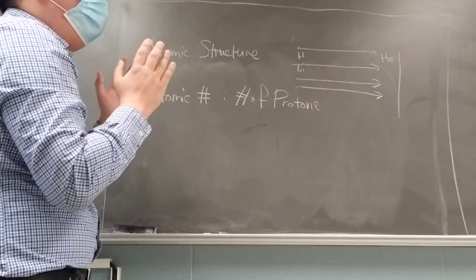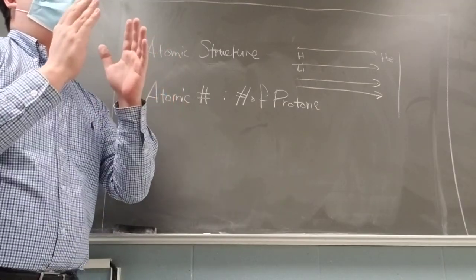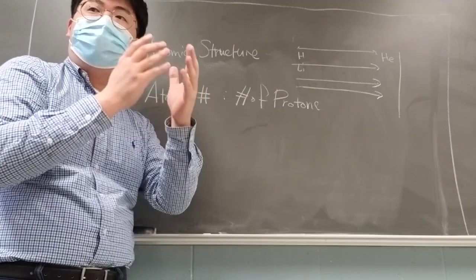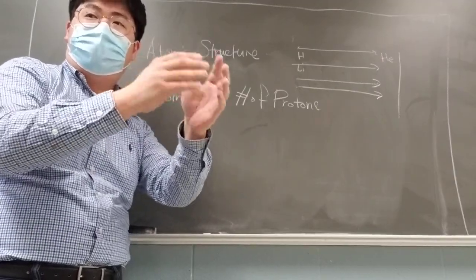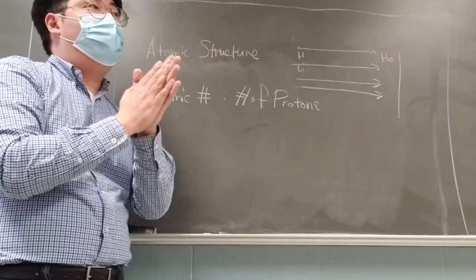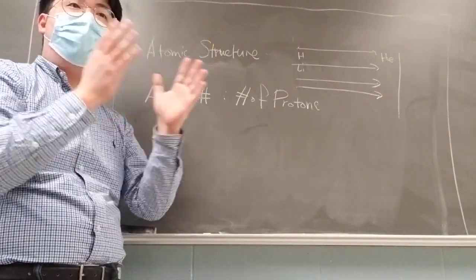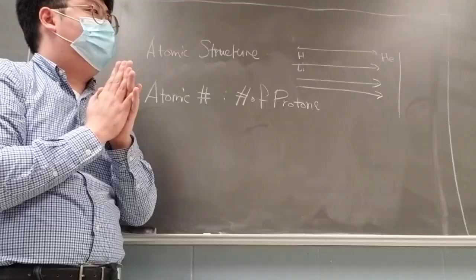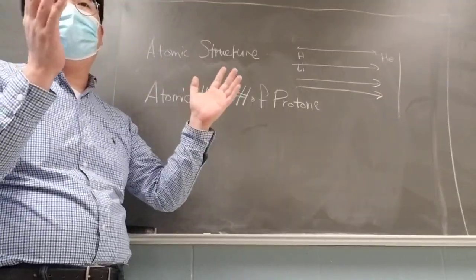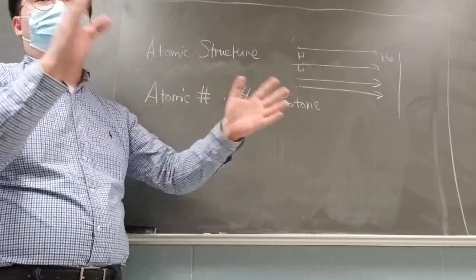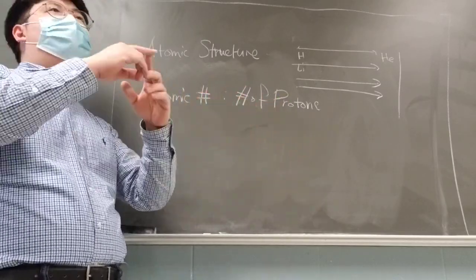So what it really means is whenever you have a certain number of protons, that defines that specific element. For example, hydrogen has 1 proton, right? But if hydrogen gained 1 more proton into its nucleus, then it's not hydrogen anymore. It becomes helium.